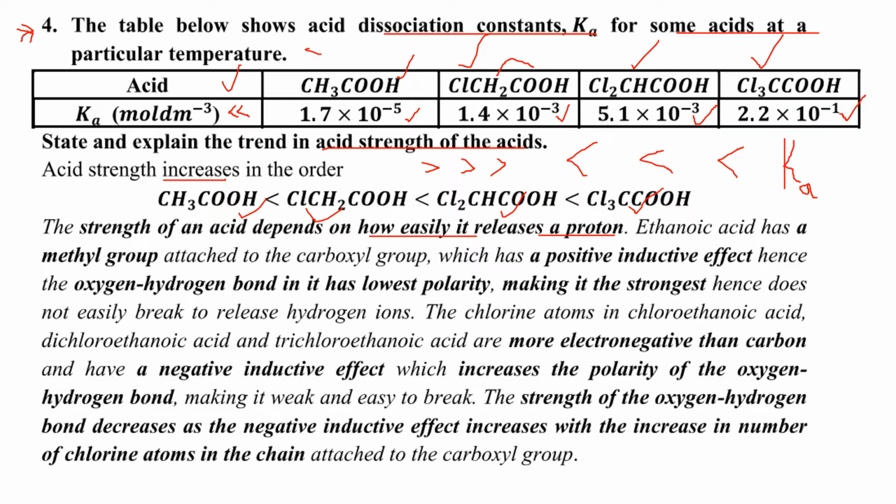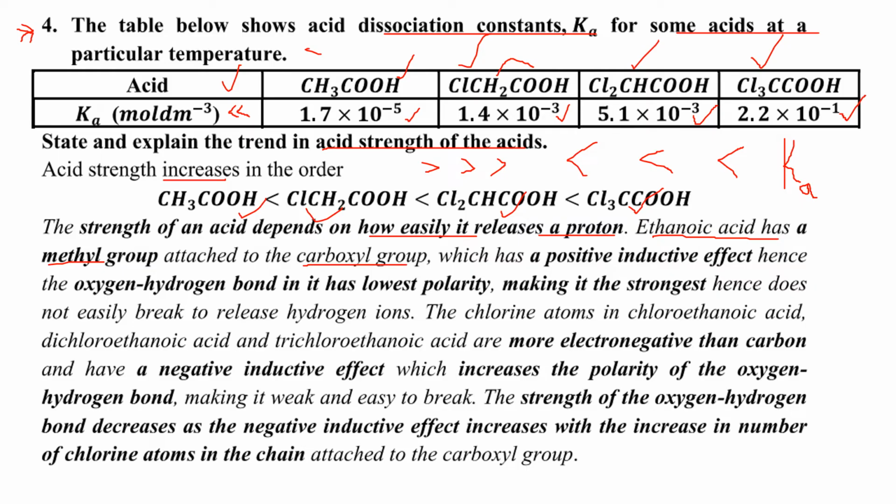And if you look at compounds that have a negative inductive effect, the more atoms that have a negative inductive effect in a particular compound, the stronger the acidity of that compound. That's why we are saying that ethanoic acid has a methyl group attached to our carboxyl group.